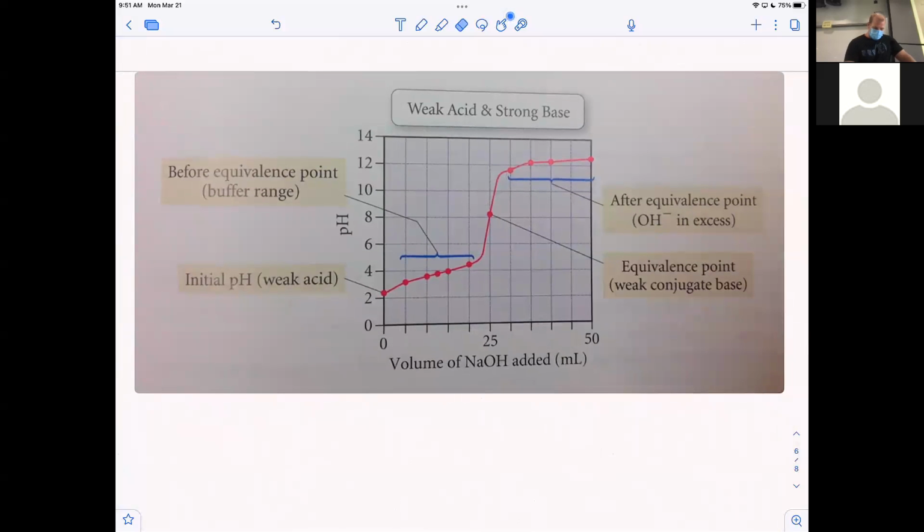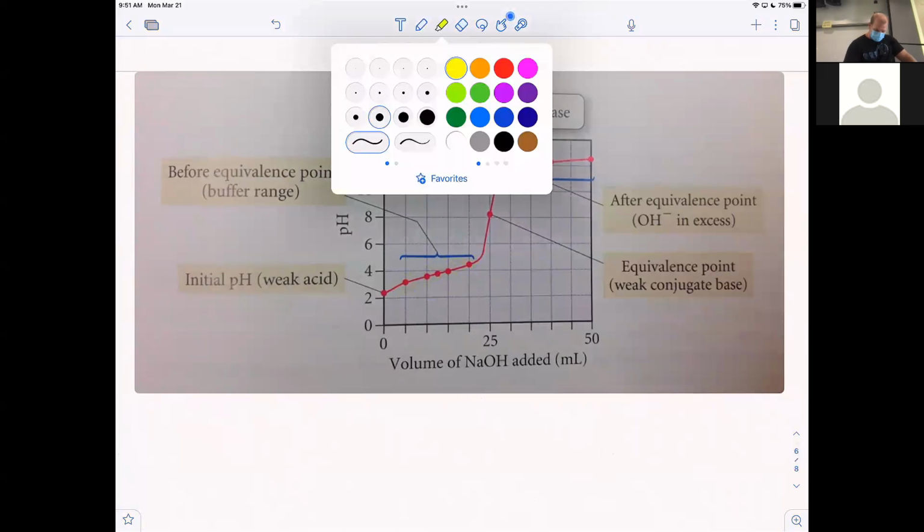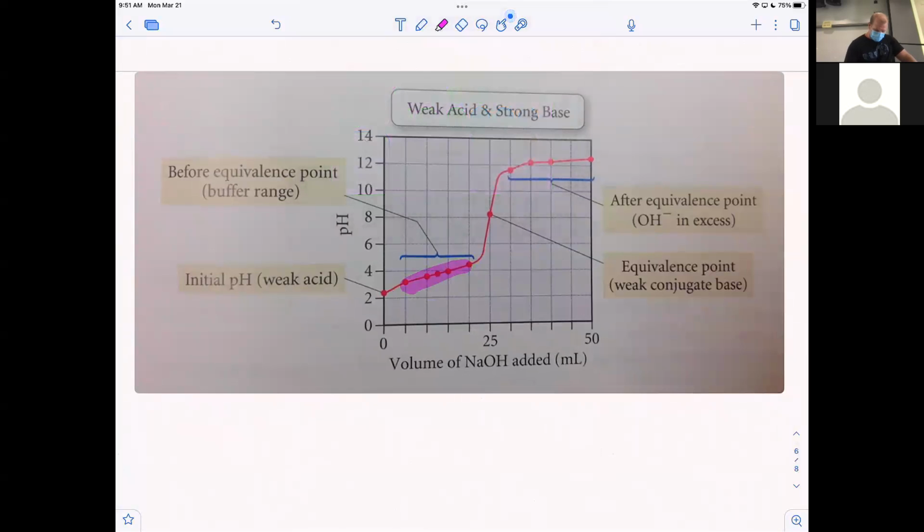But besides the point, why am I telling you about this? There is this area here. Maybe I'll highlight it. You can't see that as well. Okay, change colors. Can you see pink? Yeah, you can see pink. This area here, compare it to this one. This pH doesn't change that much.